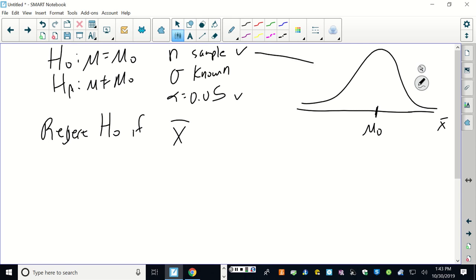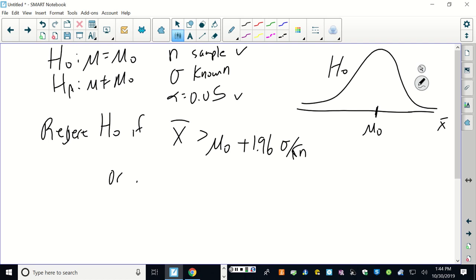But if we get an x bar that's too far out, we're going to reject mu sub 0. So we reject if x bar is greater than mu sub 0 plus 1.96 times sigma over the square root of n, under normality.